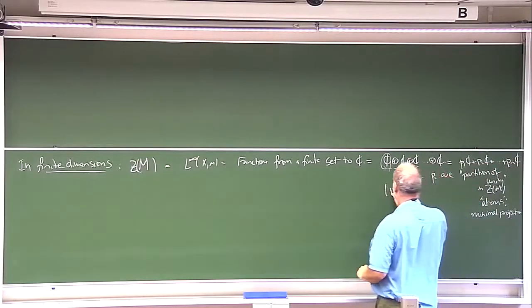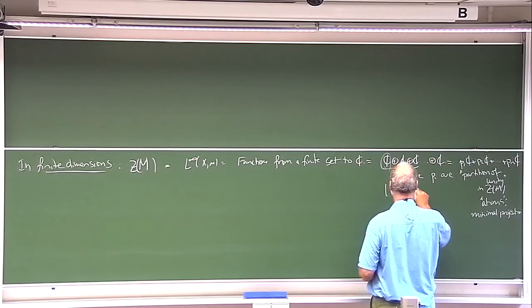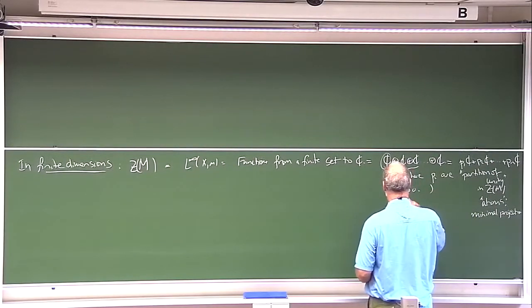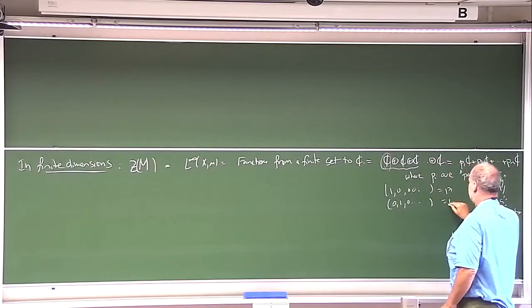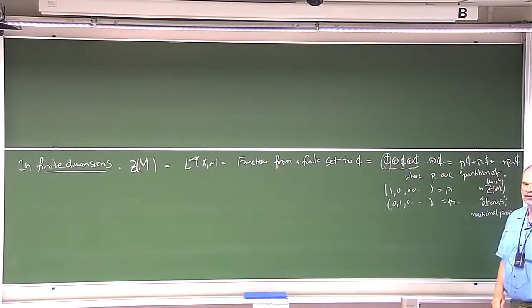I can also write it. The first one is 1, 0, 0, 0. The second one is 0, 1, 0, 0, and so on. All right, these are all different ways of saying the same thing. Hopefully one of them will make you understand what's going on.